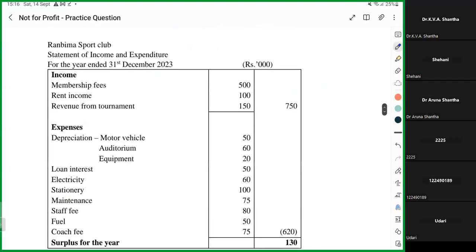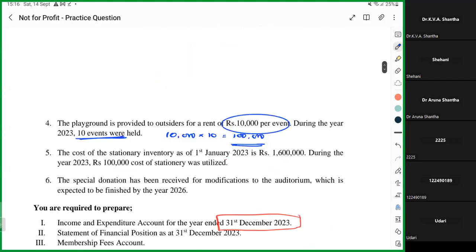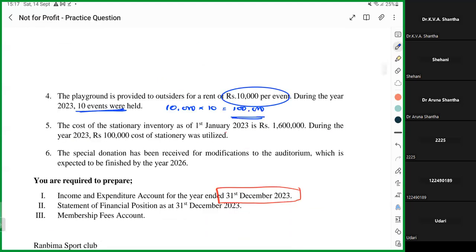What else? You go through the question. You see a donation received for the modification of the auditorium. This is not a general donation. This has been received for a particular purpose, auditorium modification.